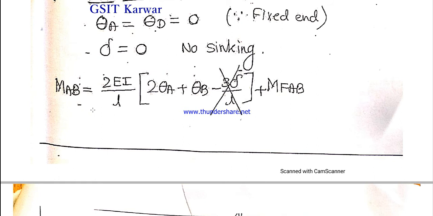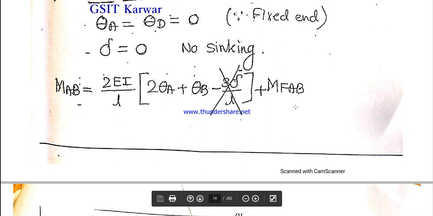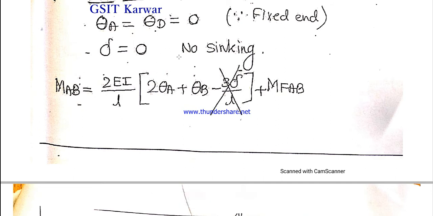Next, we know the slope deflection equation for moment AB is equal to 2EI by L into 2 theta A plus theta B minus 3 delta by L plus fixed end moment AB. Fixed end moment AB we already calculated, so you can directly substitute that. Here in this problem there is no sink, which means there is no support settlement.